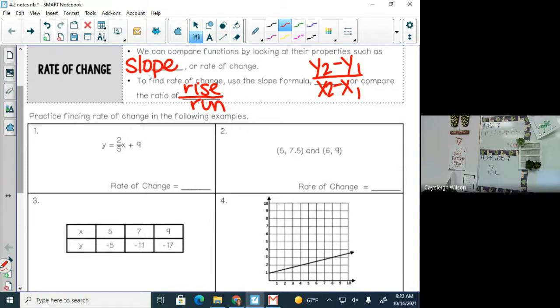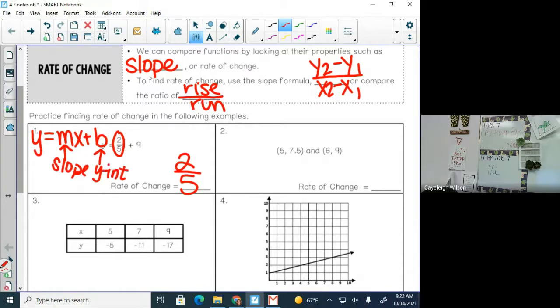So when I'm looking at number 1 here, somebody raise their hand and tell me what the slope of that one is, Audrey. 2/5. Because if we are looking at an equation, it's y equals mx plus b, m is the slope, and b is the y-intercept. So if you forgot that, you may want to jot that down again.